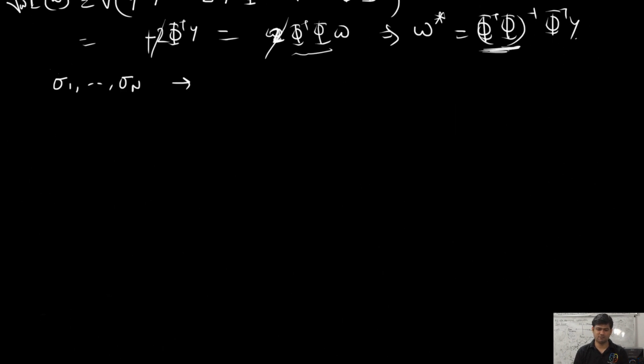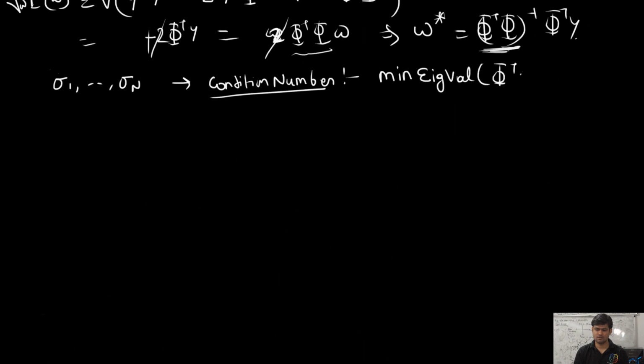The condition number of any matrix is defined as the ratio between the minimum eigenvalue of phi transpose phi over the maximum eigenvalue.